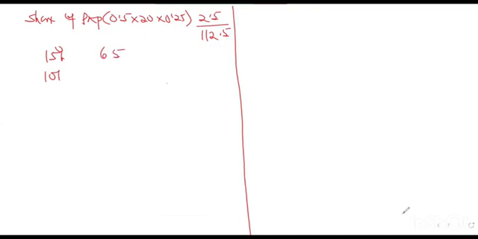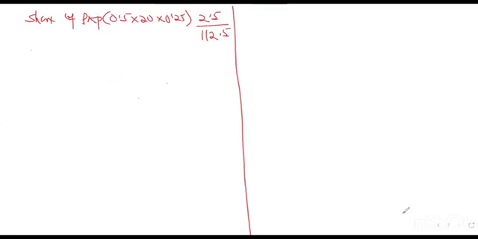So what would be the value of the 10% that we are selling? 47.5.